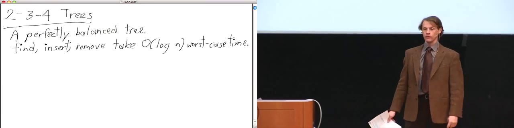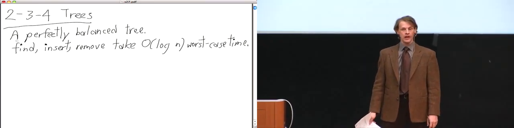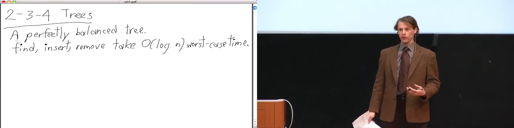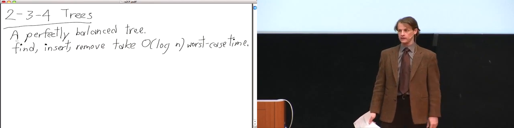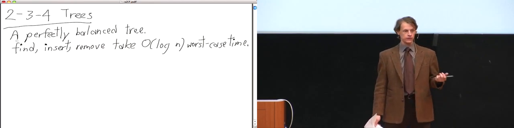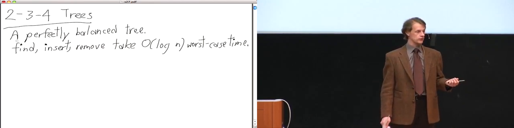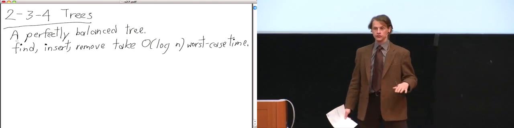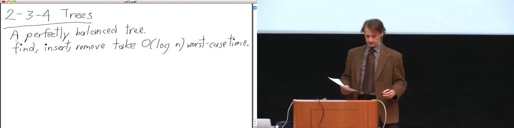So 2-3-4 trees are not binary trees. The name 2-3-4 is because every node has either 2 children, 3 children, or 4 children, unless it has no children at all and it's at the bottom level.